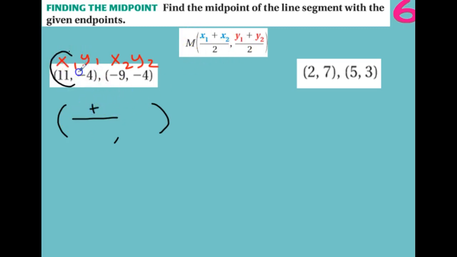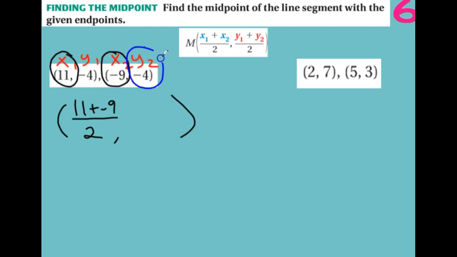So x1 is 11 plus x2, which is -9, and then we're going to divide by 2 to find the average of that point. Then we're going to do the same on the other side. We're going to add our y's together. Doesn't matter which one, they said to put y1 first. So we have -4 plus -4, and we're going to divide by 2 on that side.